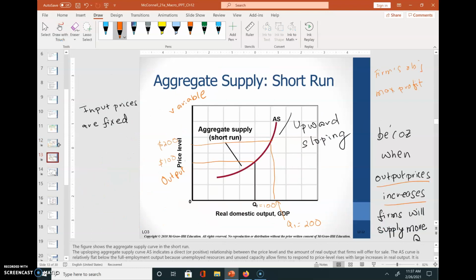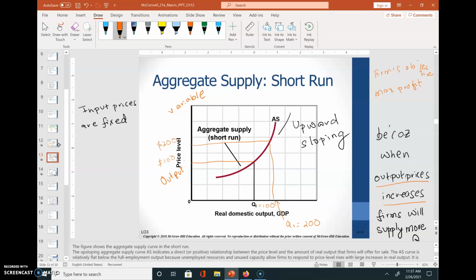Next we look at the short run. Always remember the firm's objective is profit maximization. Input prices are also fixed like the intermediate short run. However, output prices, which we have on the vertical axis, can change.